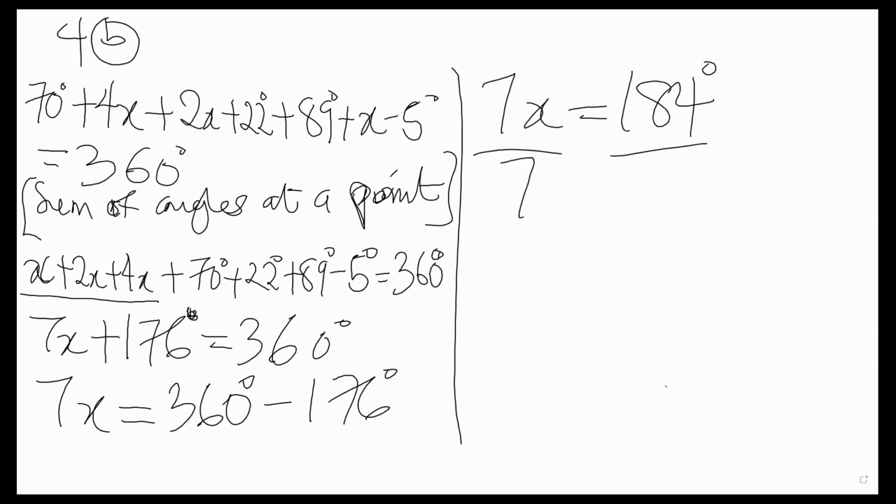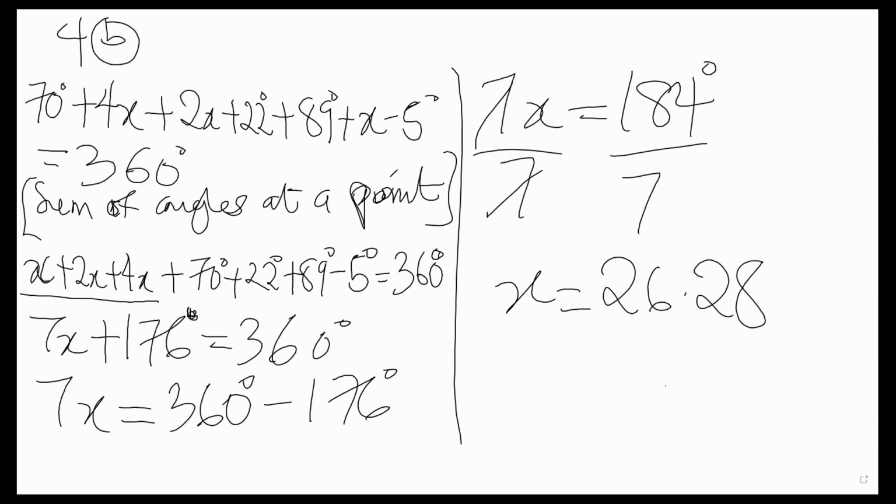Dividing both sides by 7, we have x equal to 26.29 degrees, and that's the value of our x.